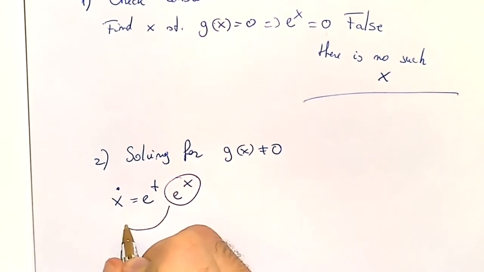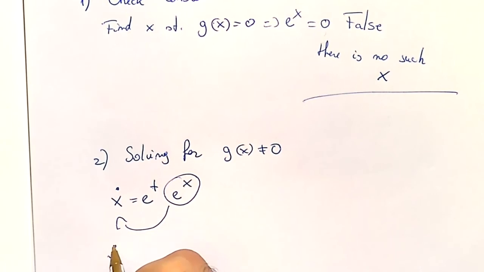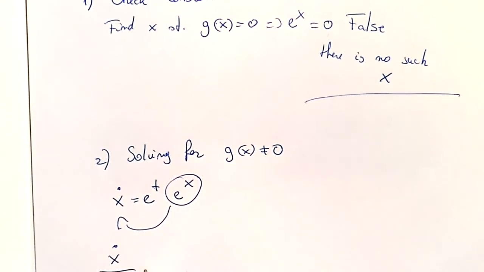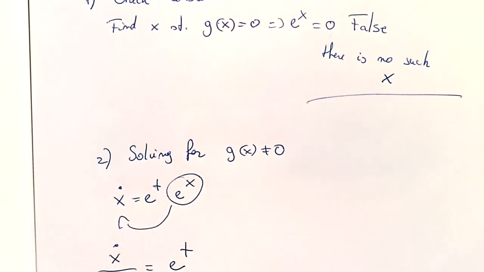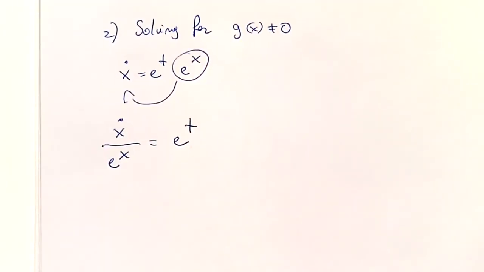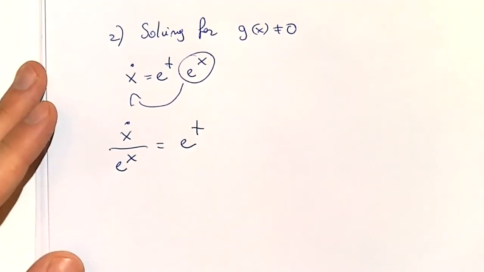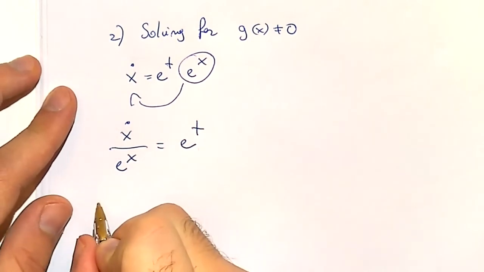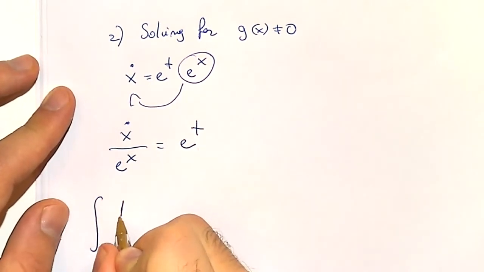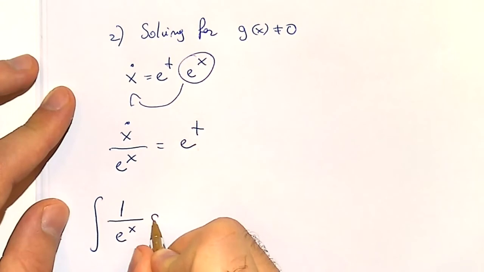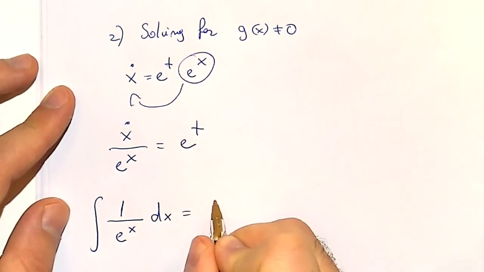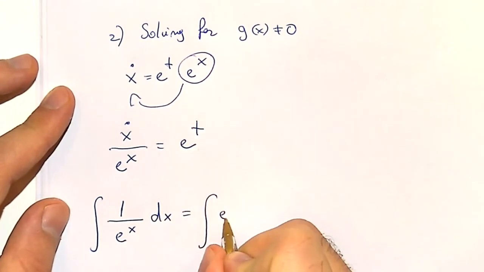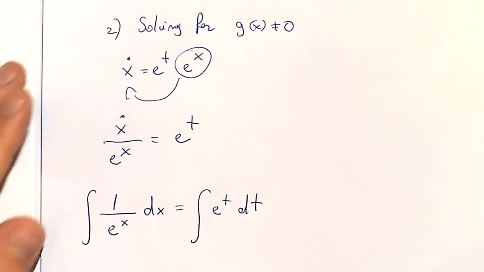I move this thing on the other side, and I get x dot over e^x is equal to e^t. And now I just do an integral, and I get integral of 1 over e to the power of x dx is equal to integral of e^t dt.